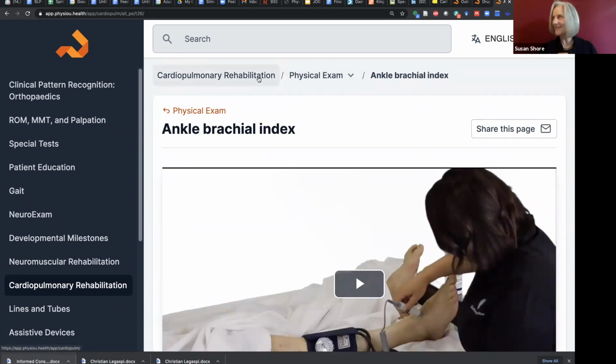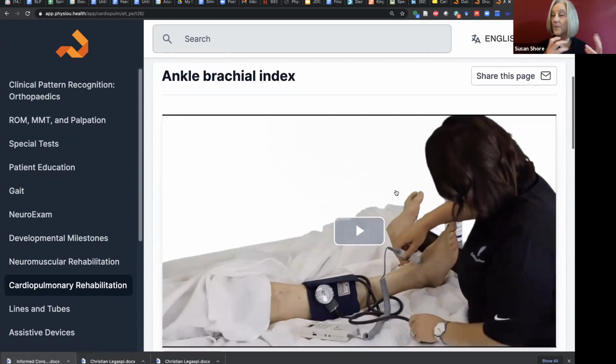I don't know if other people experience this, but sometimes as a professor in the middle of a lab session, you can't think of everything. And you forget certain things that are really important to tell. So if we watch it, then I can say, see how her hands are, see how the patient responded.